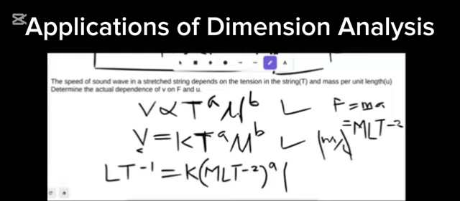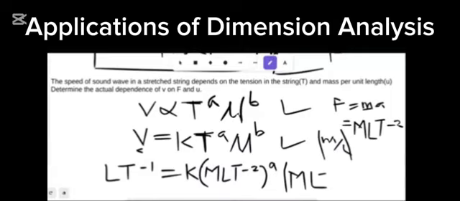You want M over L, and M over L is M L raised to the power minus 1. Then close it. It has a bracket, a power B.